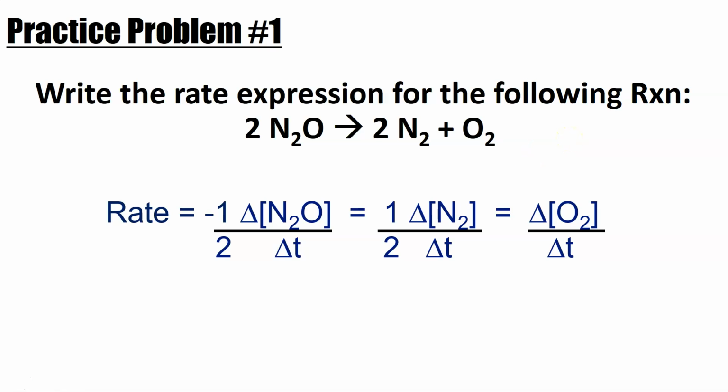This will allow you to calculate the rate of reaction based on any chemical. It will also allow you to calculate the rate of disappearance or the rate of appearance for an individual substance. So you can kind of get whatever you need from this expression. So let's use this expression for a practice problem.